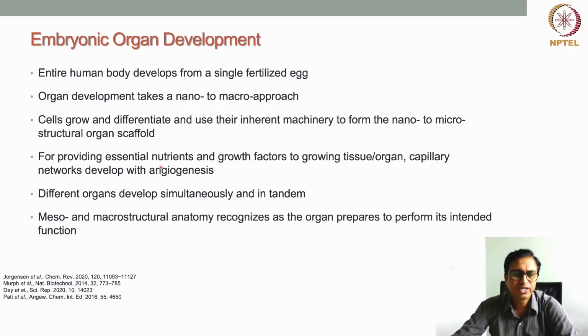So for providing these essential nutrients and growth factors to the growing tissues and organs in embryonic development, capillary networks also develop along with angiogenesis. Angiogenesis means sprouting new blood vessels from the existing ones. That helps provide nutrition, oxygen and growth factors to the growing tissue or organs.